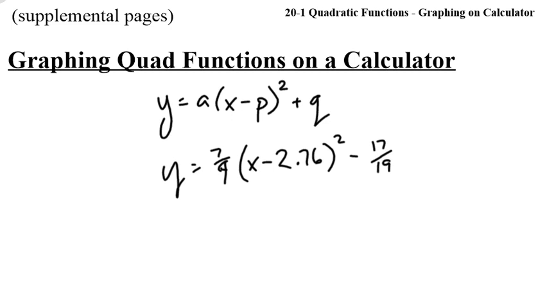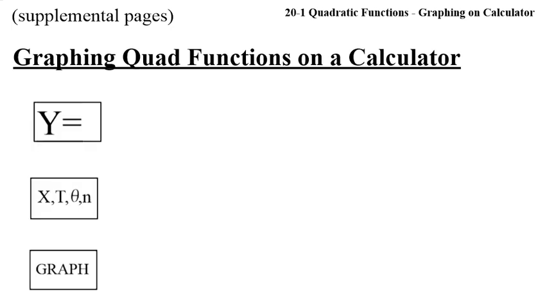I mean, technically you can get the information, but actually seeing it can be tricky. So there are situations where doing it on a calculator can be beneficial, because we can get information off of it if it's not nice whole numbers that we're working with, which is reality. So here we go.